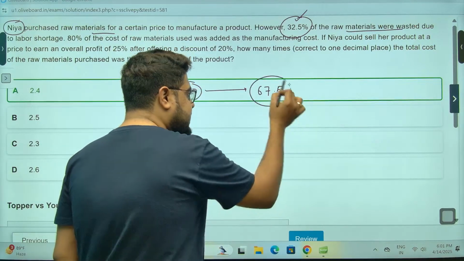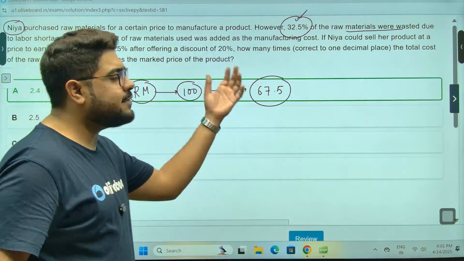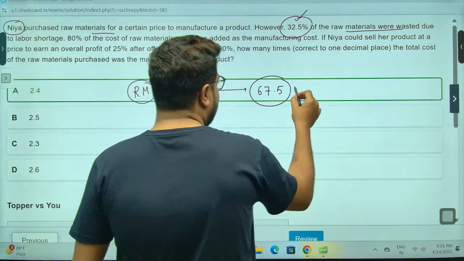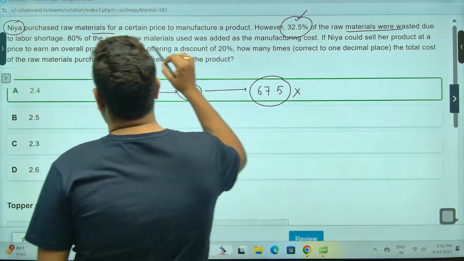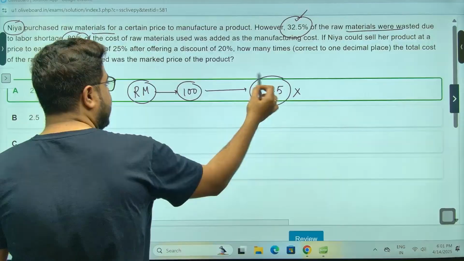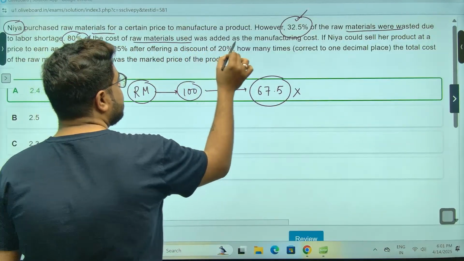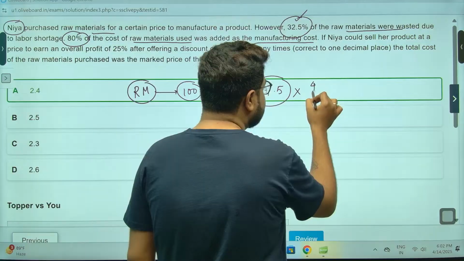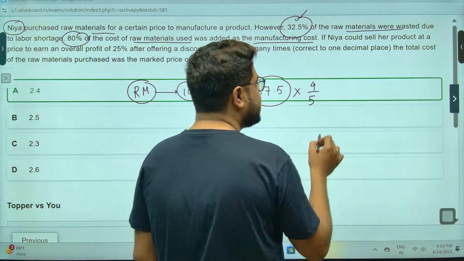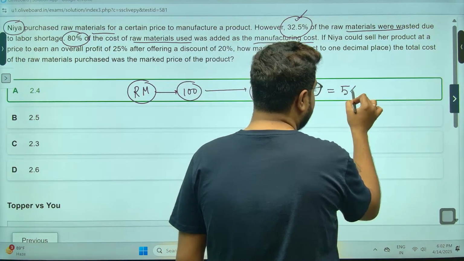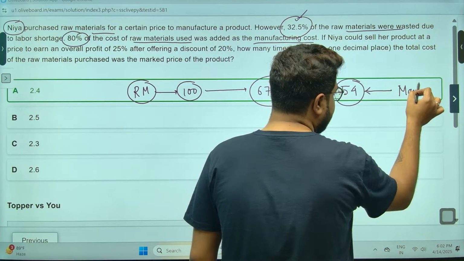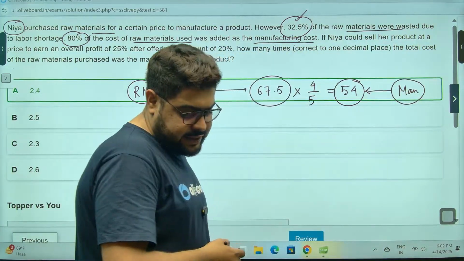So 100 rupees of raw material, 67.5 rupees worth of raw material was used. And 80% of the raw materials used was added as a manufacturing cost. So 80% manufacturing cost means this, which was coming out to be 54 as far as I can remember. This is manufacturing cost.